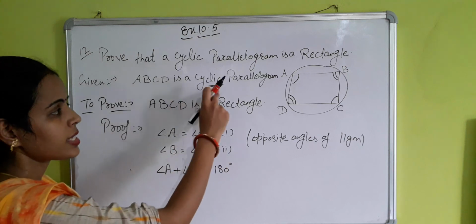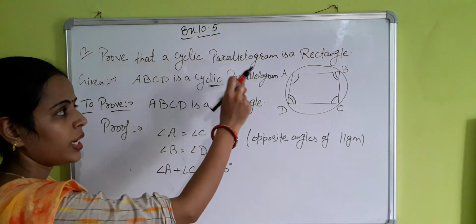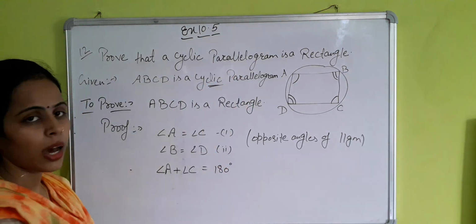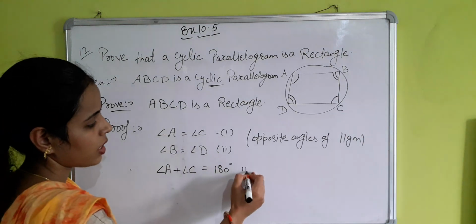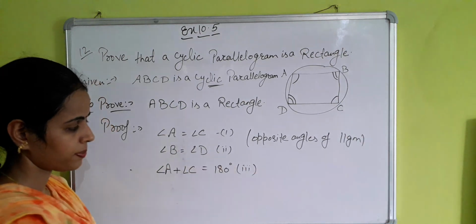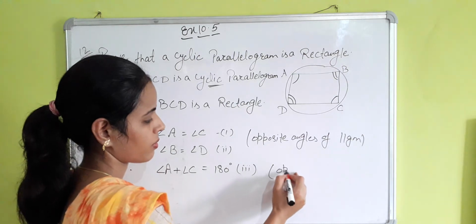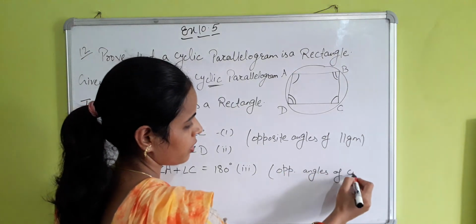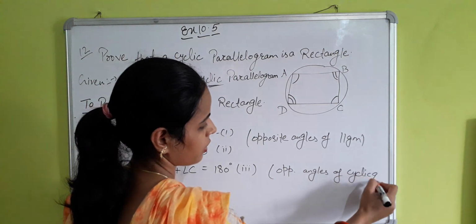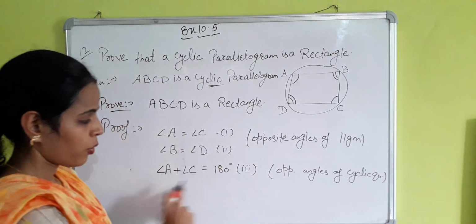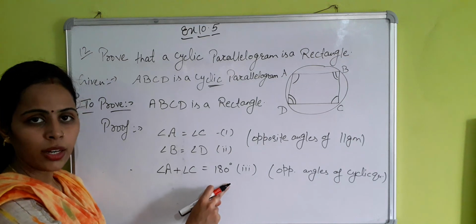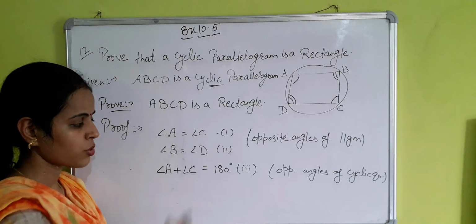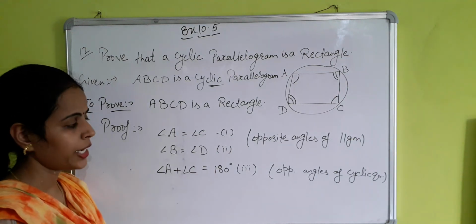Because this is a cyclic and parallelogram. In parallelogram, opposite angles are equal. Equation number third. Opposite angles of cyclic quadrilateral sum equals 180 degree.